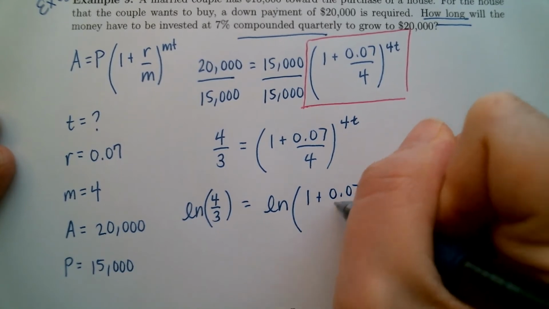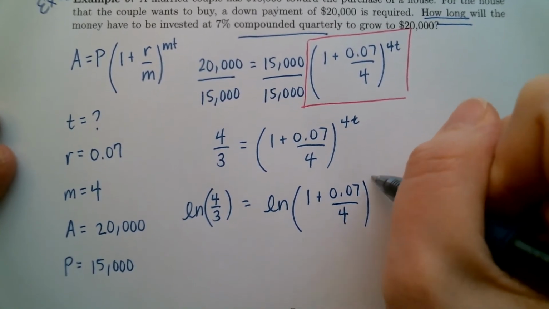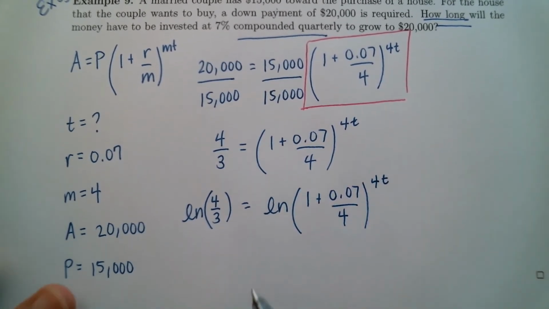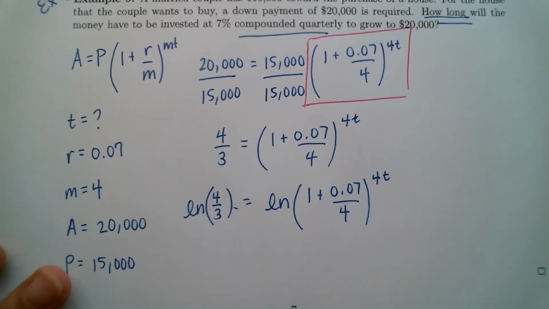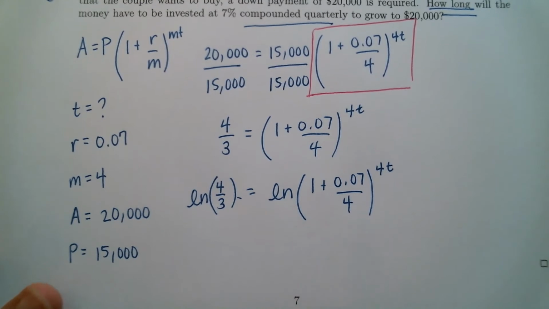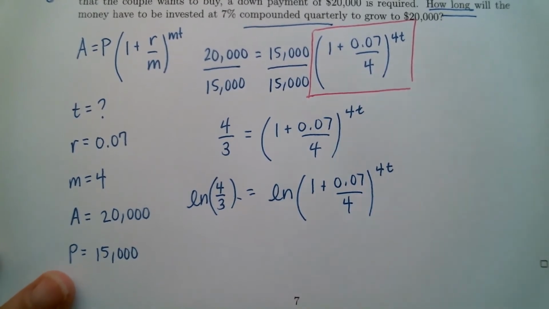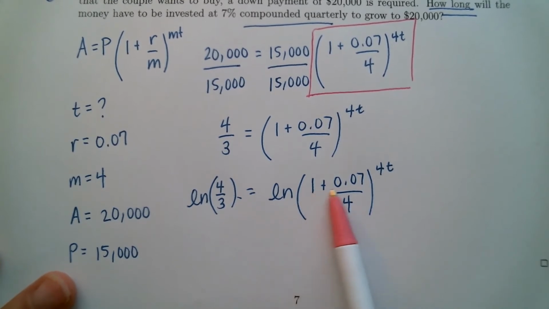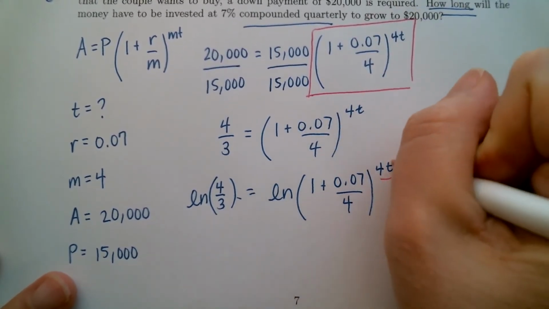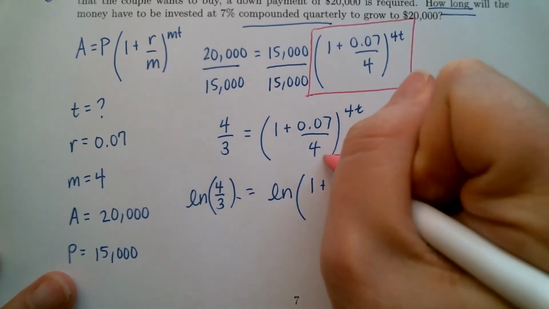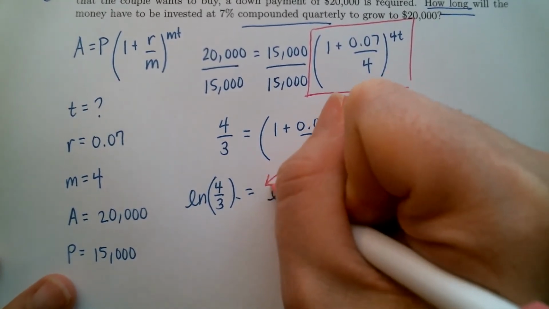Remember, logarithm goes on the left side, not the right. This is going to be some messy decimal, so we're going to leave it as the natural log of 4/3. The reason we did this is now on the right side, we have the logarithm of something to a power. So you're going to take that something in the next step, and you're going to be able to bring it down in front.